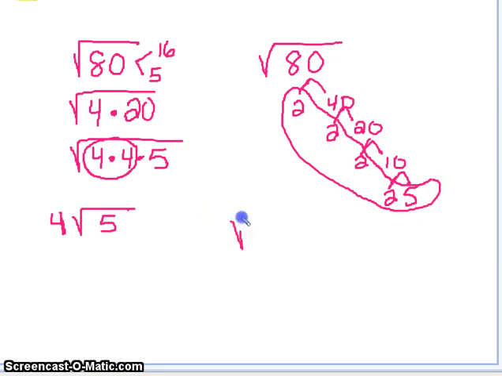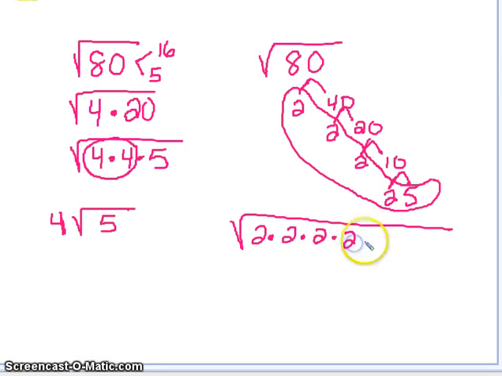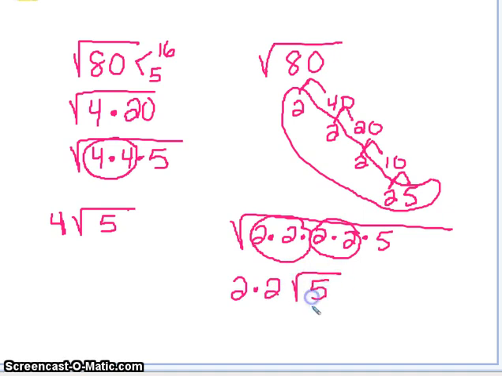In this case, I have 2 times 2 times 2 times 2 times 5. I have 2 pairs that I can take out. 1, 2, and another 2. So that's actually 2 times 2 coming out and the square root of 5. And that's another way that you can get 4 square root of 5.